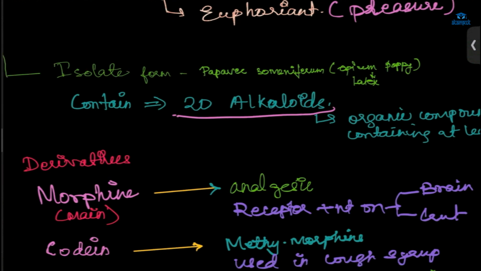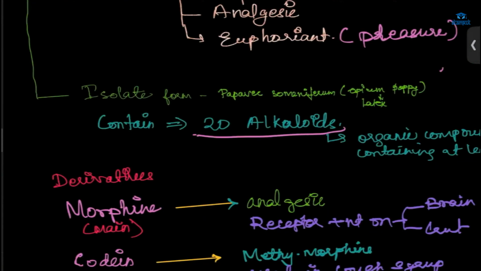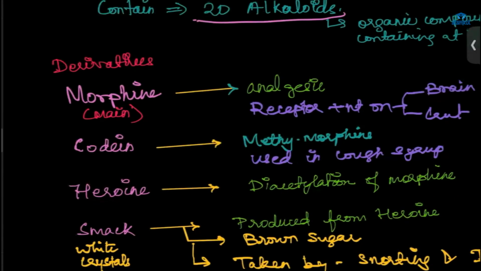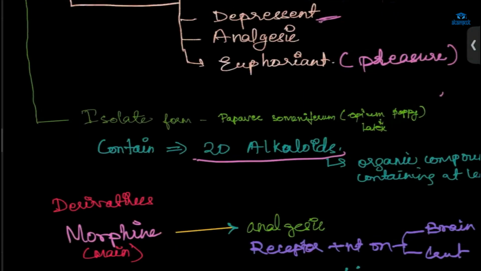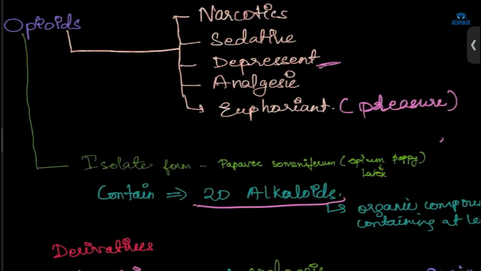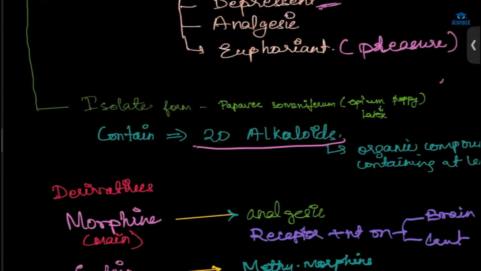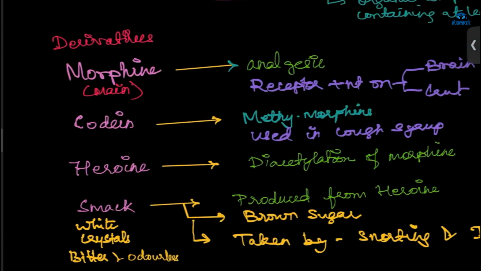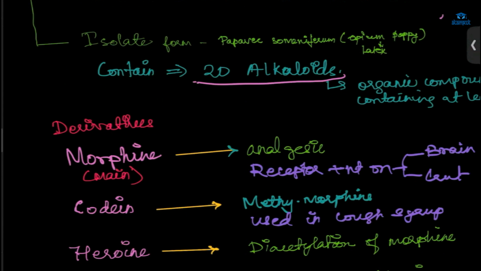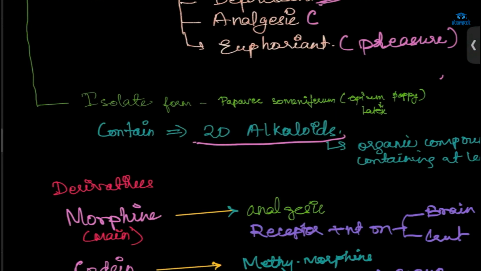Its derivatives are morphine, codeine, heroin, smack. From this alkaloid, we are getting all these derivatives. What is analgesic?